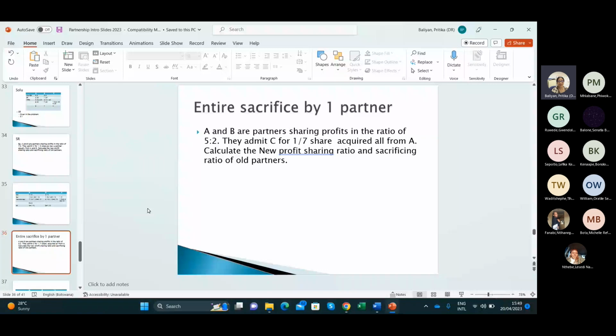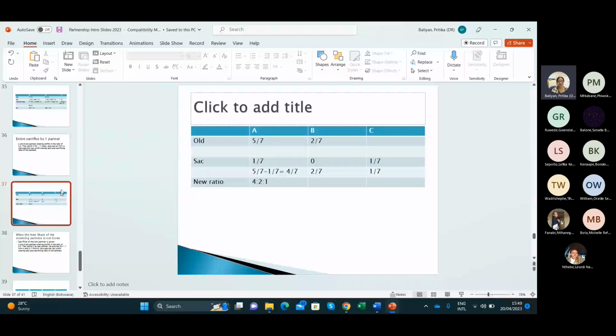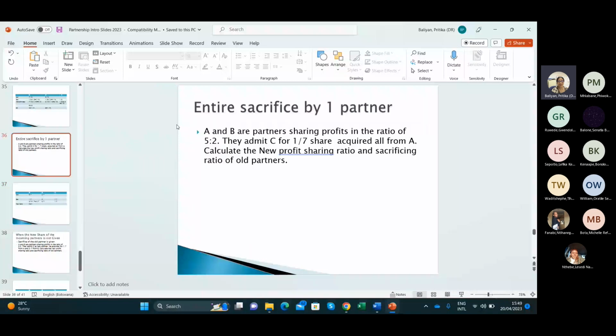A and B are in partnership in the ratio of 5:2. They admit C as a new partner with a share of 1/7, and this 1/7 share is acquired entirely from partner A. So the old ratio for A is 5/7. How does it become 5/7? 5 plus 2 is 7.